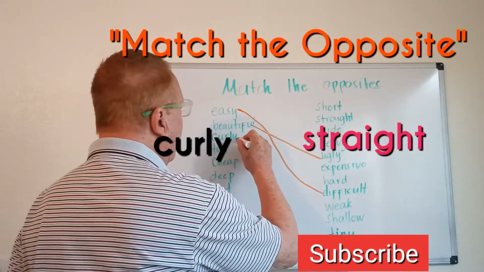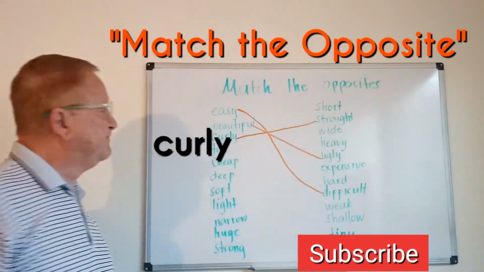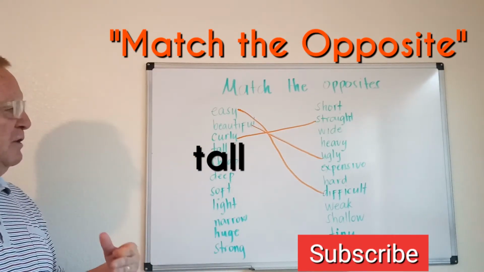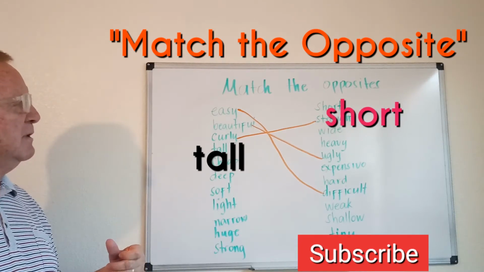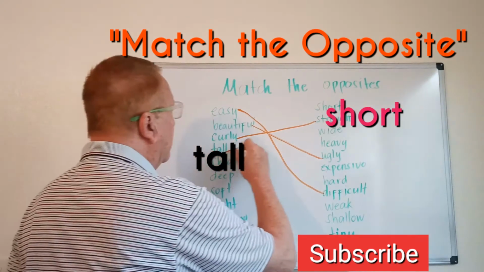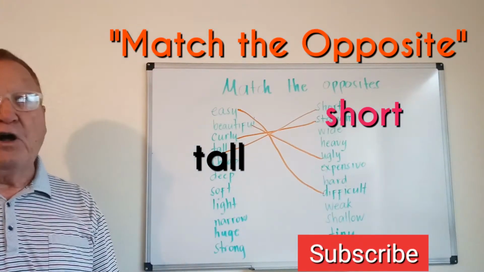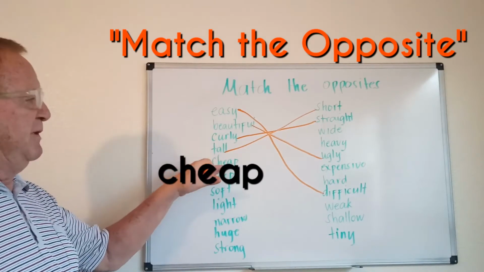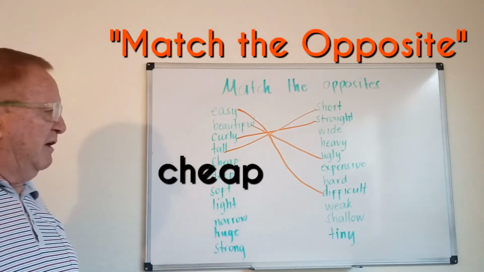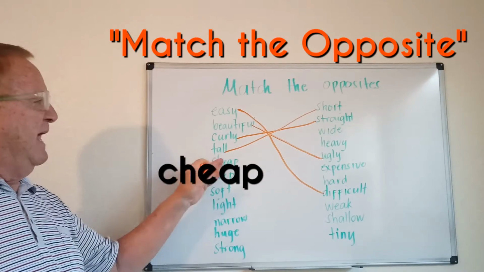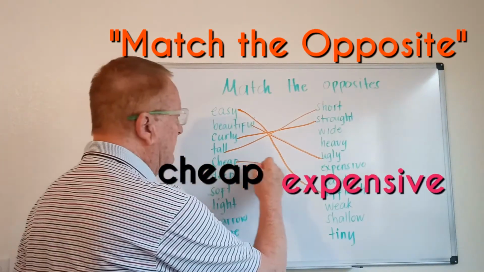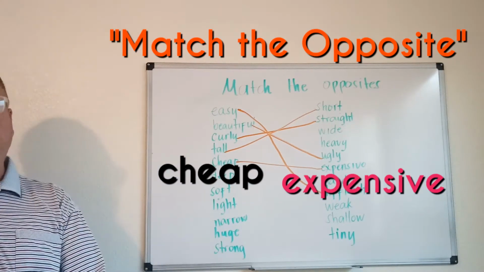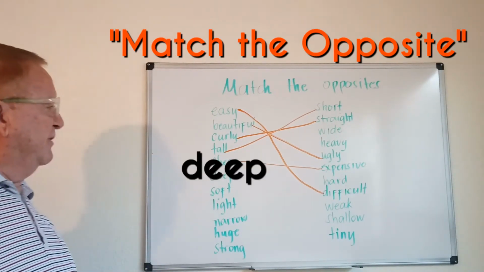Like somebody's got curly hair or they've got straight hair. Okay? Tall. An opposite of tall would be short. Tall, short. Cheap. What's the opposite of cheap in this column? This column over here. Cheap and expensive. Cheap, expensive. Opposites. Antonyms.